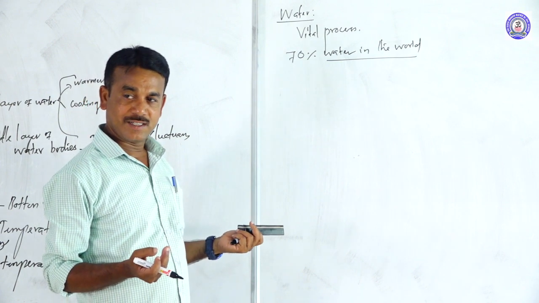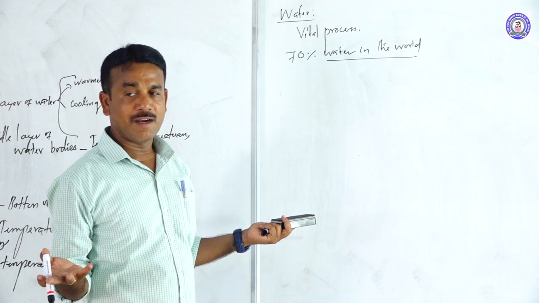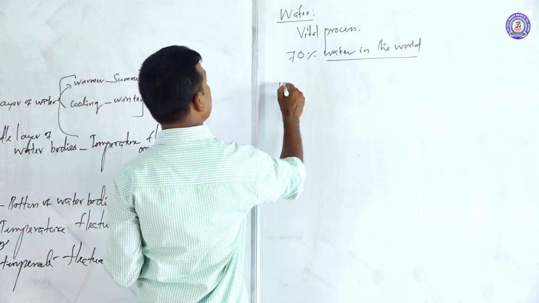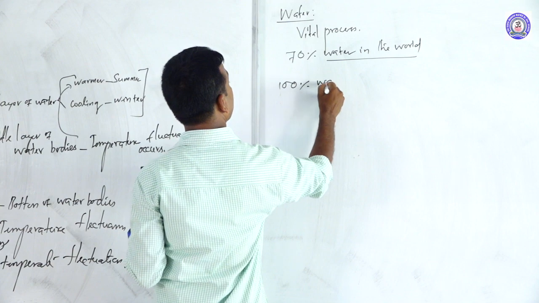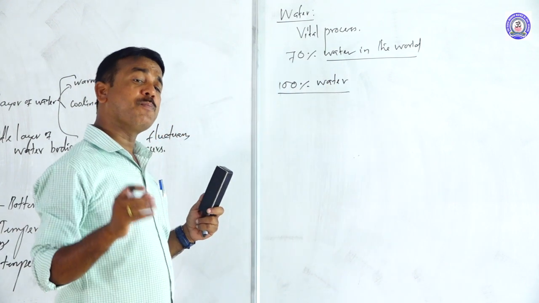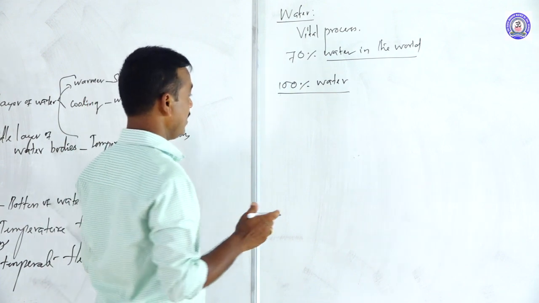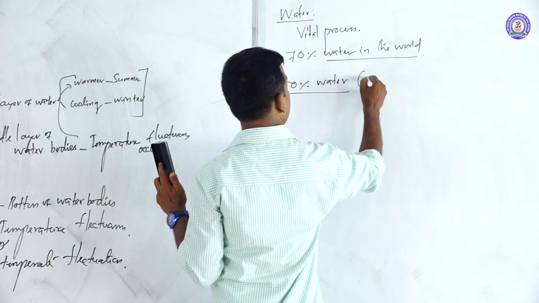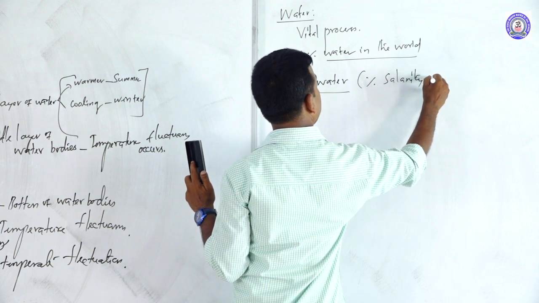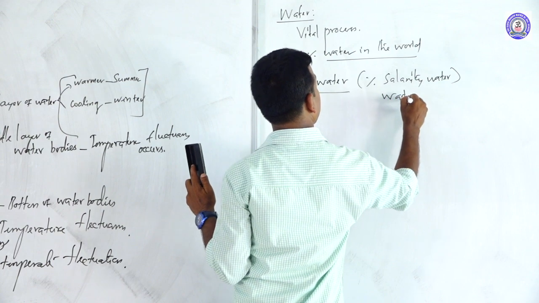the dispersal of seeds. If water is not there, germination of seeds is not possible. So out of 100% of water, how much percent of saline water occurs in the water bodies? What I am asking is, how much percentage of saline water occurs in the water bodies?